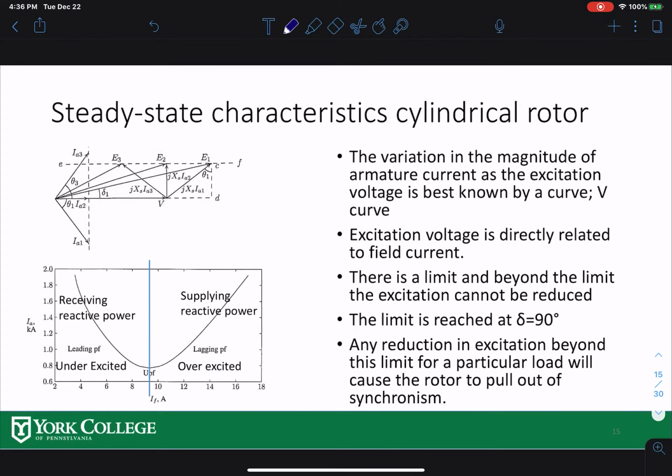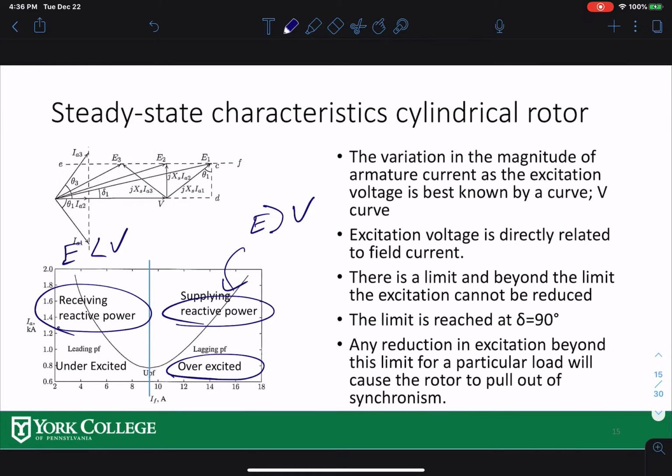So over here, as I said, this is overexcited mode: E is greater than V, that means you're supplying the reactive power. And over here is underexcited mode, where E is less than V, that means you are receiving the reactive power.